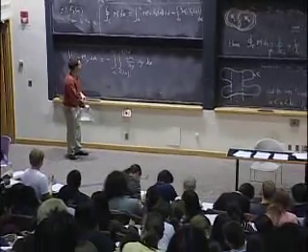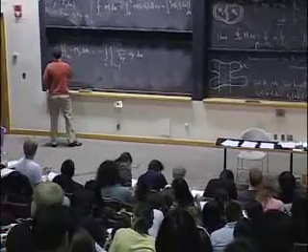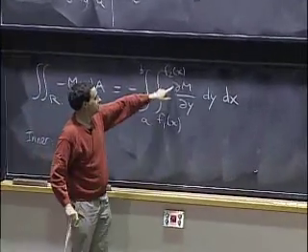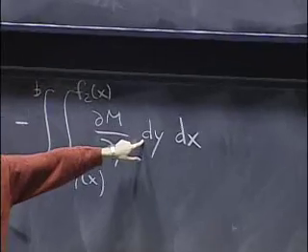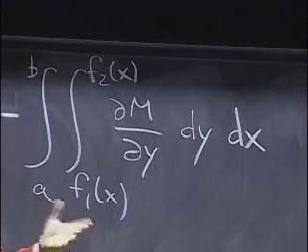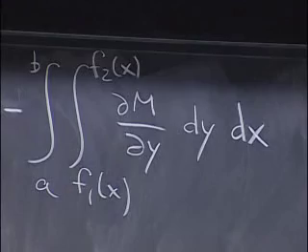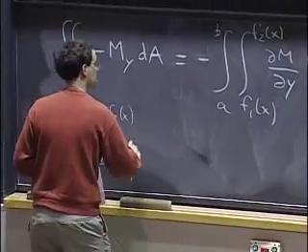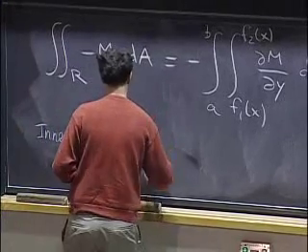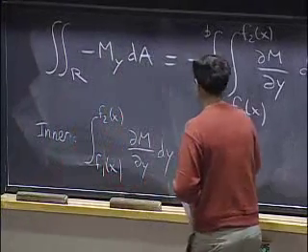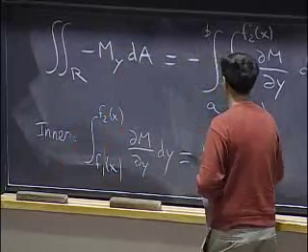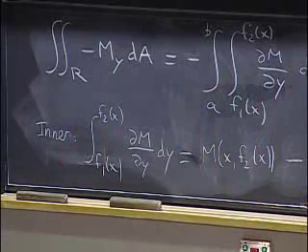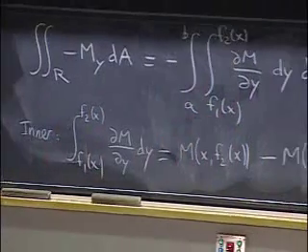Okay. So now if I compute the inner integral, what do I get if I integrate partial M partial y with respect to y? I'll get M back. So I will get M at the point (x, f2 of x) minus M at the point (x, f1 of x).